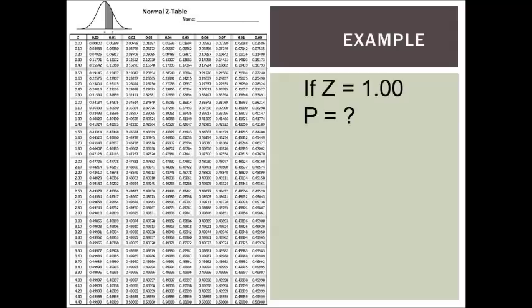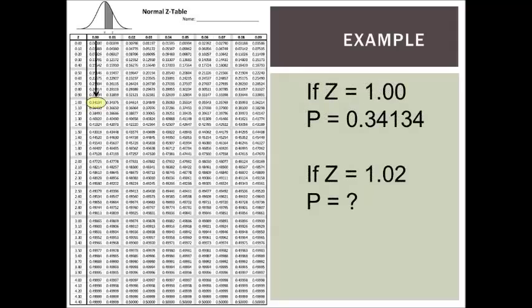For example, if z equals 1.00 and we're asked to find the probability associated with that, we look up z in the left-hand column and slide down until we get to 1.00. Here is the probability associated with a z of 1.00. The probability is 0.34134, which you can see circled here on the table.